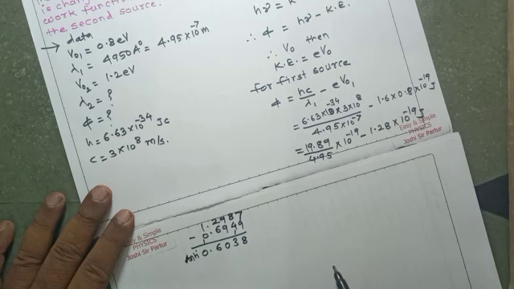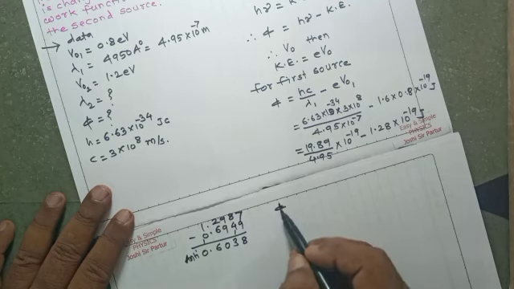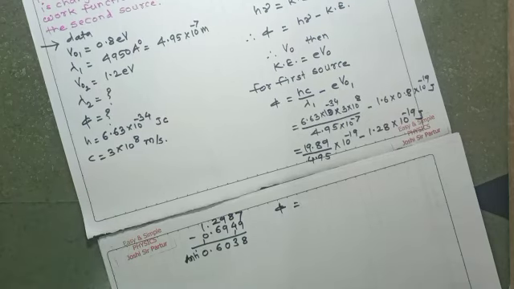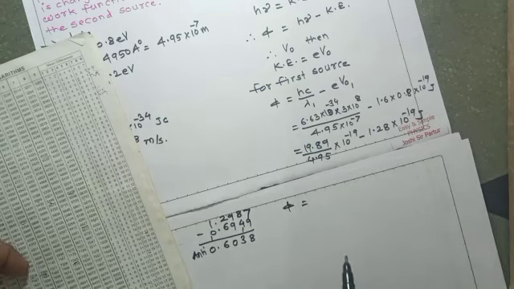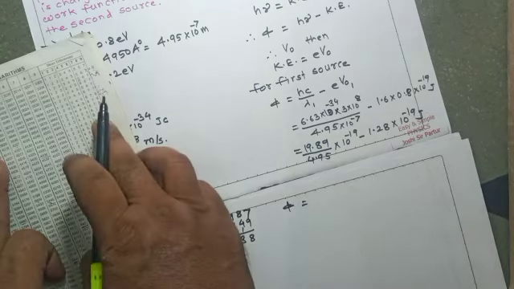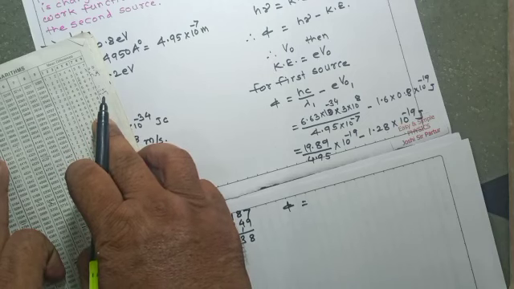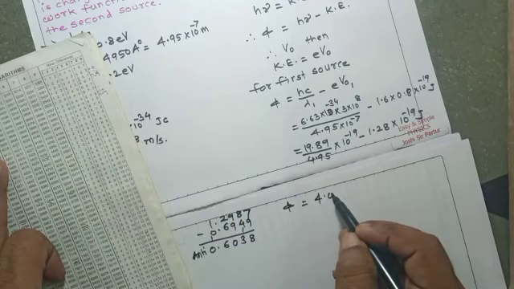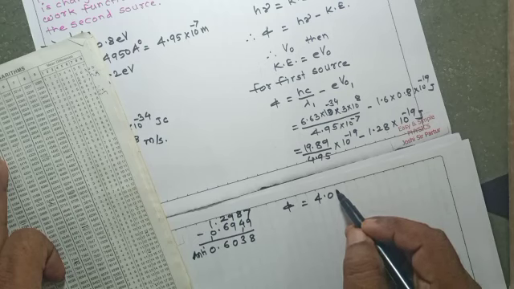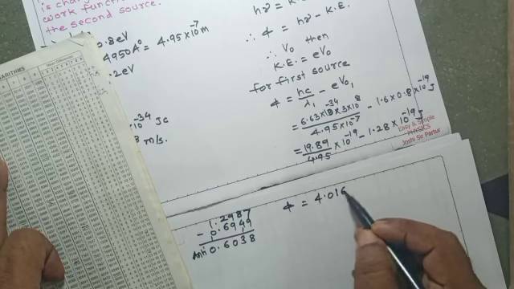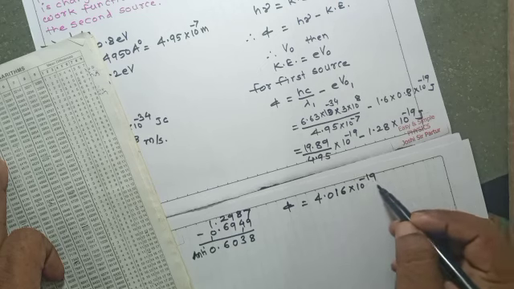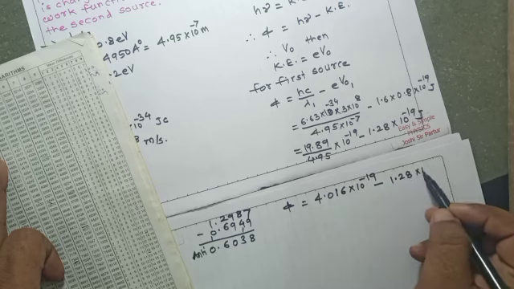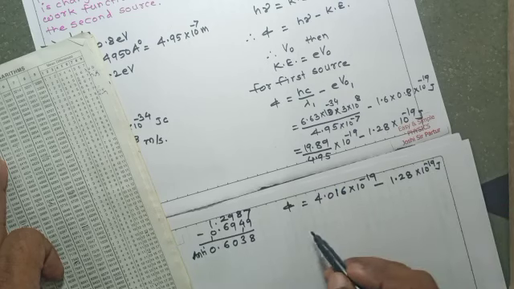So antilog for 0.6038 gives 4.016 into 10 raised to minus 19, so phi is equal to 4.016 into 10 raised to minus 19 minus 1.28 into 10 raised to minus 19 joule.